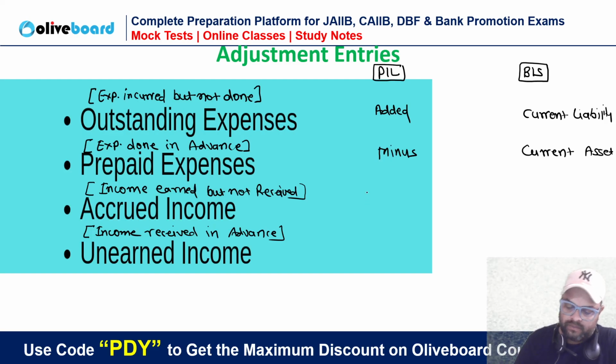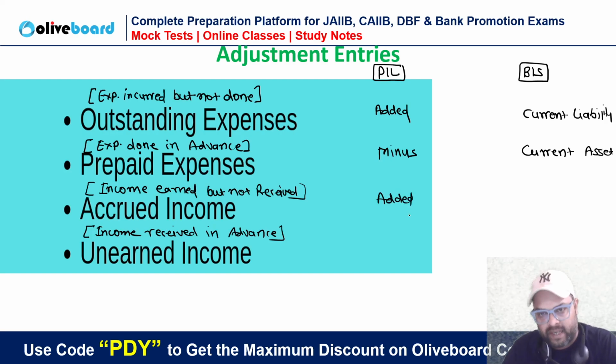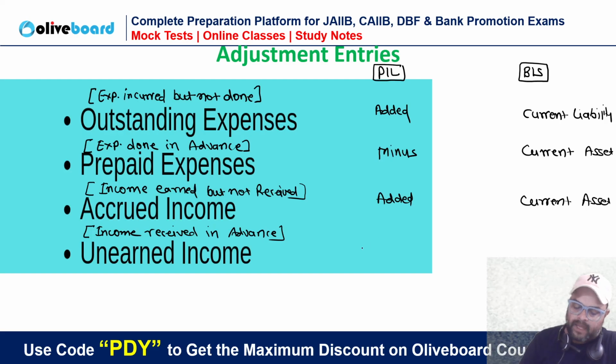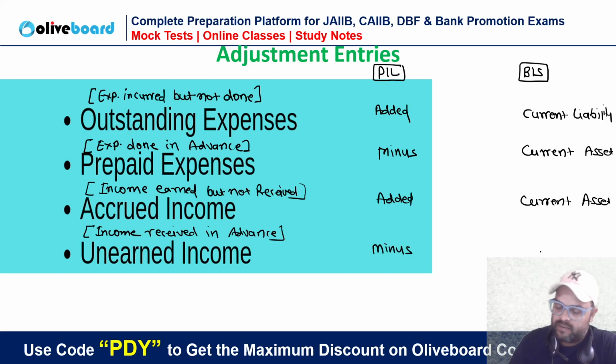Third one is accrued income, and accrued income is always added in the P&L account, and it is also a current asset. Then unearned income is again reduced from the profit, and it is a current liability.